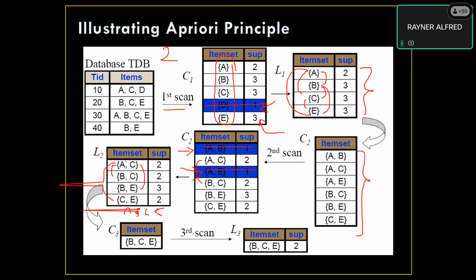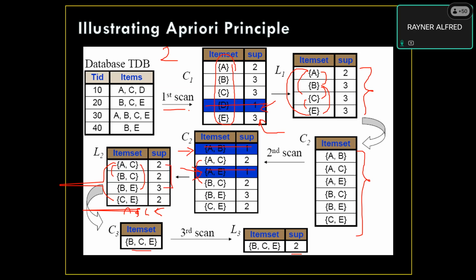So AC is also not frequent. Then we have BCE. For BCE, we have 2. These 2 we cannot combine because that would be a 4 item set A, B, C, E. Okay, any question?